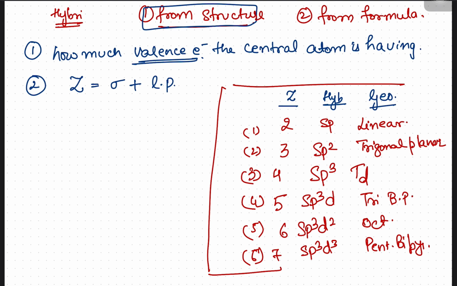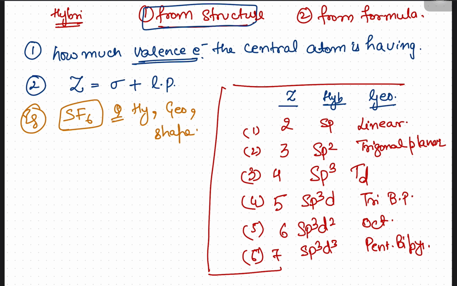So let's understand this with the help of an example. For example, you are having SF6. The question will be: calculate its hybridization, what is the geometry and what is the shape of the molecule.